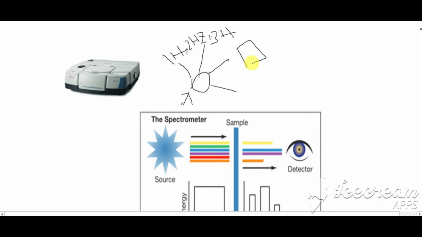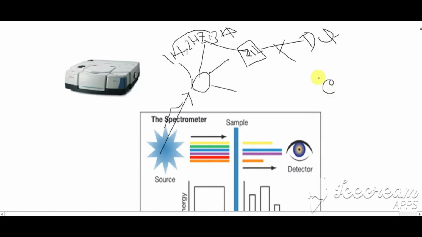When our sample has the same kind of energy, it will absorb it. For example, it will absorb the 2 hertz energy because the same frequency is present in that compound, so it will not get detected. The other light, 1 or 3 hertz, will pass through to the detector.